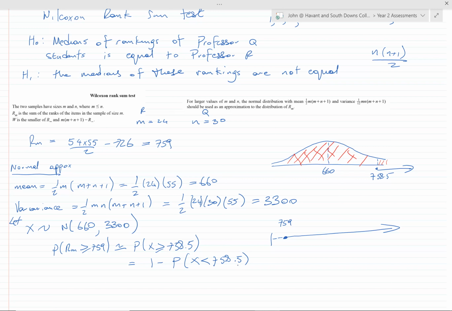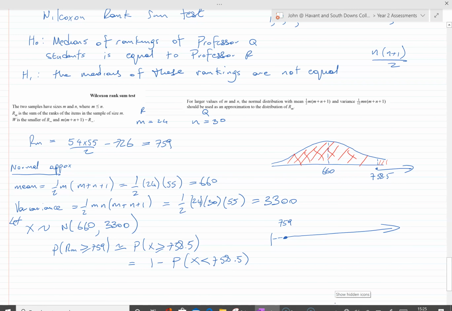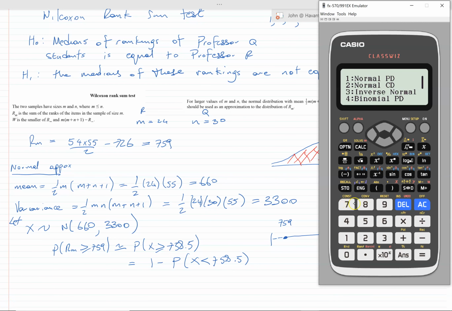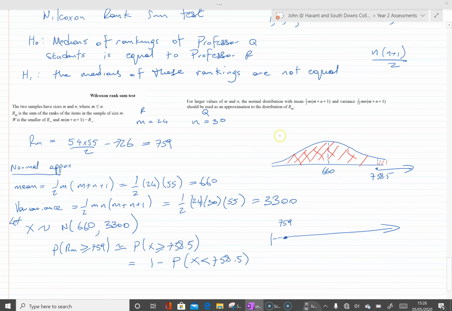Okay, so now we're going to go to the calculator, bring up the ClassWiz. We go to 7, and we want the normal cumulative, so that's 2. For the lower end, when we're going to this side, we need to pick a number that's sufficiently small.